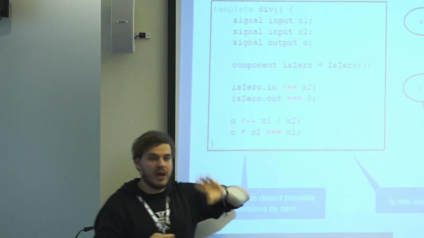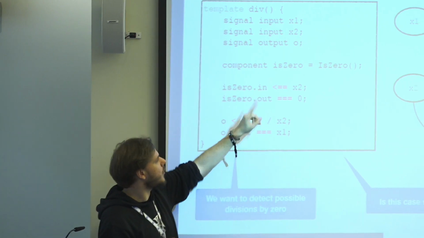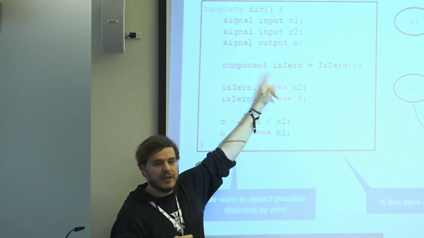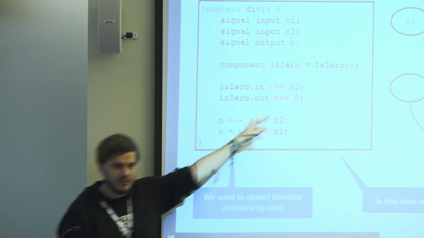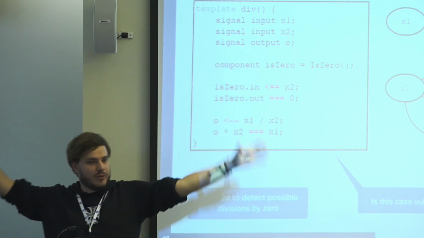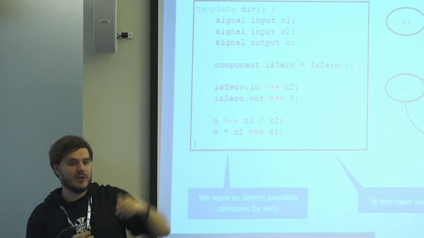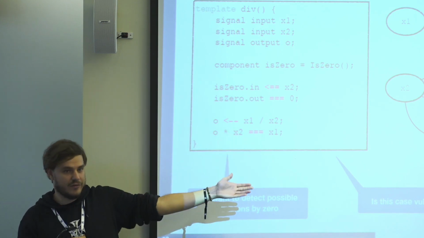So we can rule out 0. No, sorry, the opposite. If this is 0, then x2 cannot be 0. Always mix the two. So we can rule out from the set of possible values that x2 is going to be 0. So then we check if the value cannot be 0, then that division is safe.